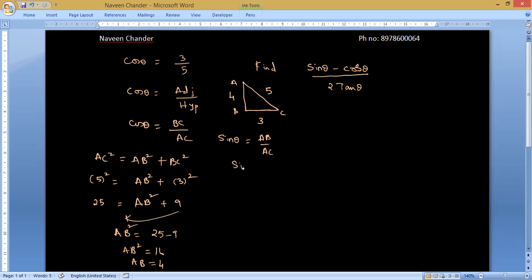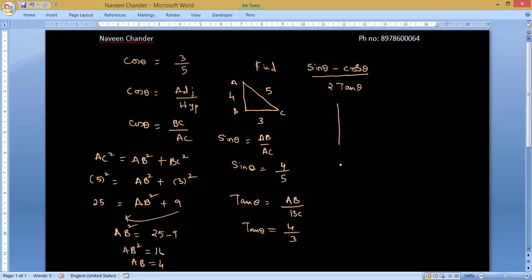So sine theta can be written in the form of AB is equal to 4, AC is 5. And again tan theta. Tan theta is nothing but opposite side by adjacent side, that is AB by BC. So what is AB? 4. BC is 3.